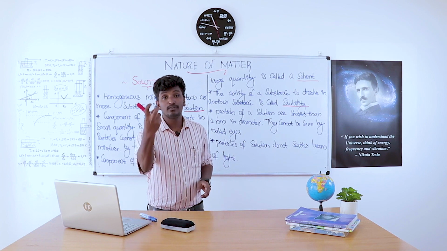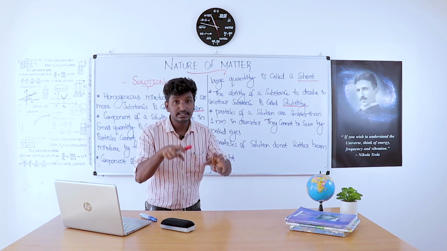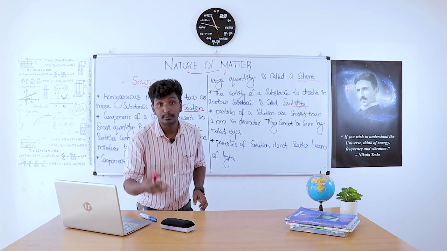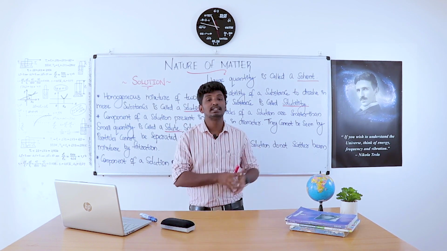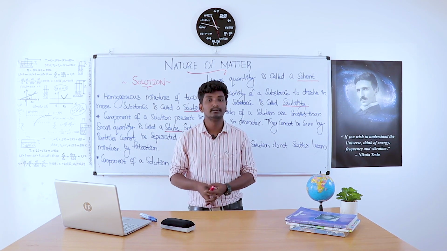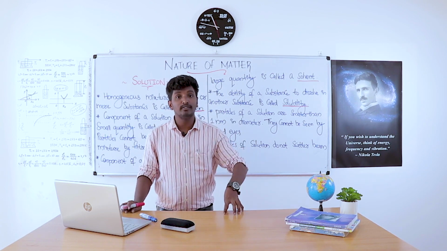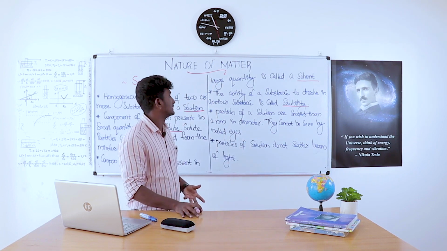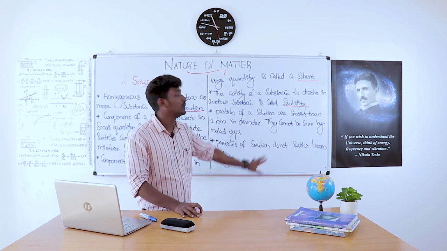The ability of sugar to dissolve in water is the sugar's solubility. Similarly, the ability of salt to dissolve in water is its solubility. In general, the ability of a substance to dissolve in any other substance is called its solubility.